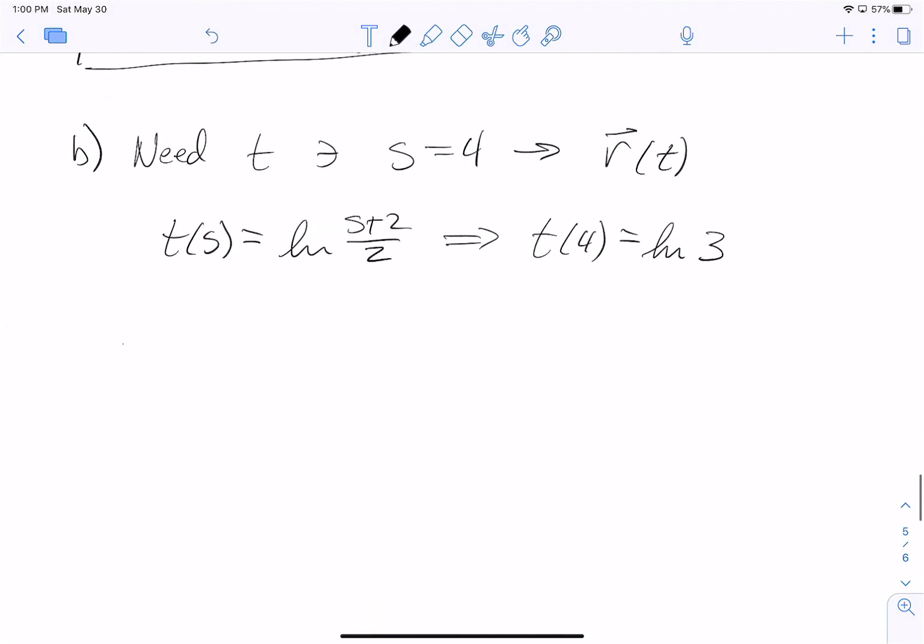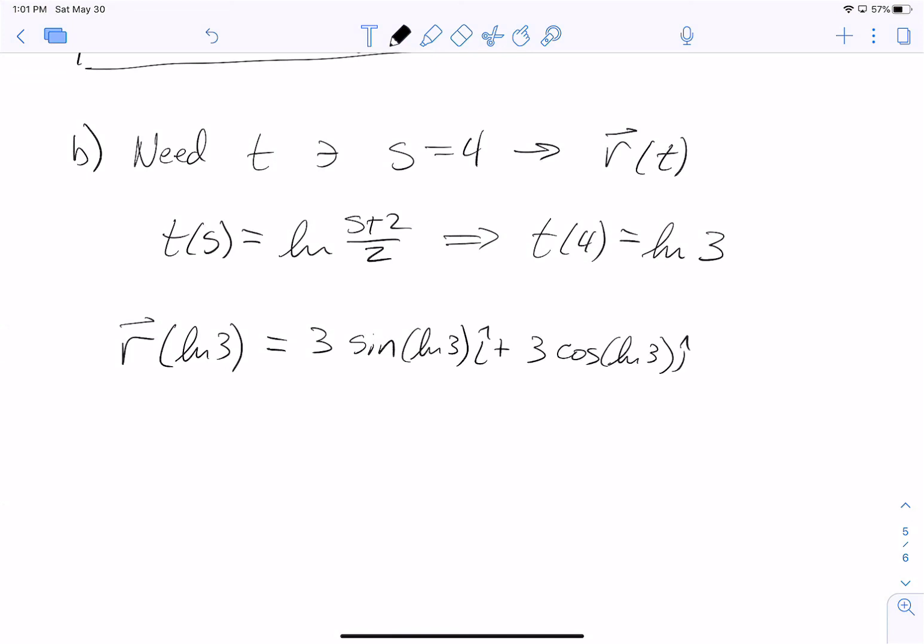Putting that into r now, r of the natural log of 3, and I'm going to go ahead and simplify as we go, is going to be equal to 3 times the sine of the natural log of 3, i, plus 3 times the cosine of the natural log of 3, j, plus 3 times the square root of 2, k.